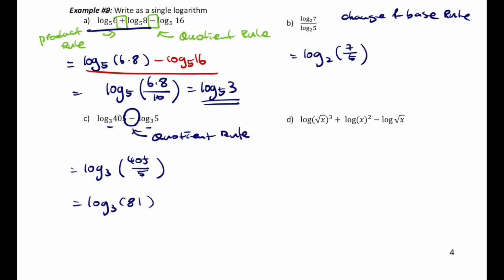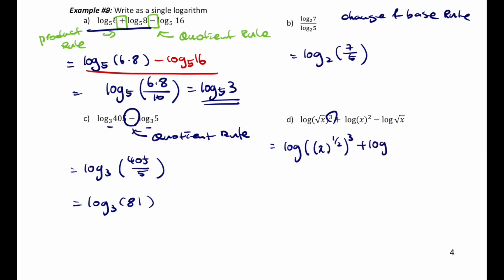Okay, then question D. Question D is a little bit tricky because it has a square root. So what you're going to do is first change the square root form to non-square root form using the exponent rules. So log square root x is the same as x to the power 1/2, as I mentioned before, to the power 3. Don't forget that exponent, right?